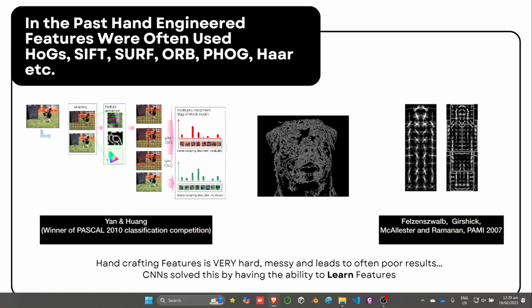These old methods work well for things like OCR and other activities where there isn't a huge variation in light, angles, and class deformation.